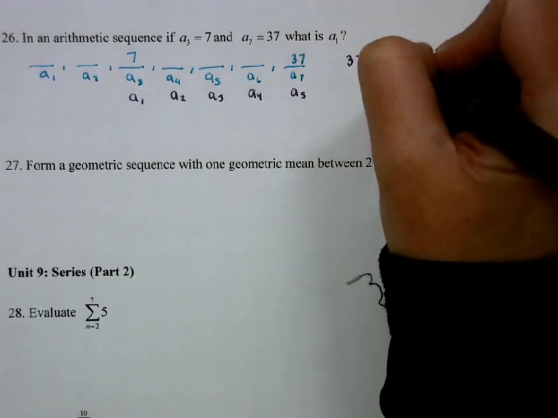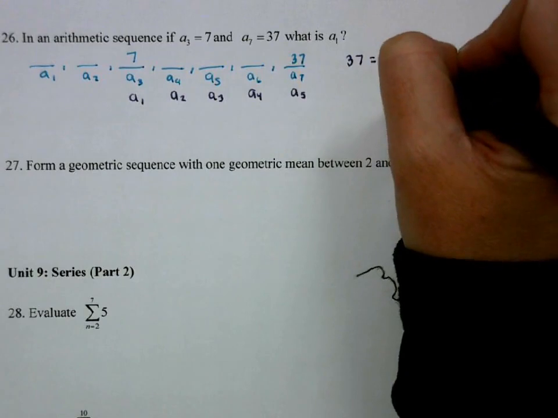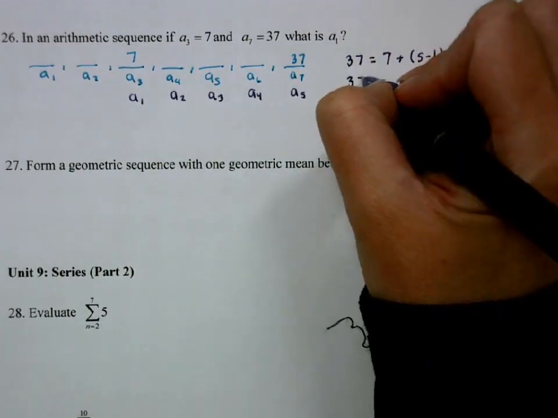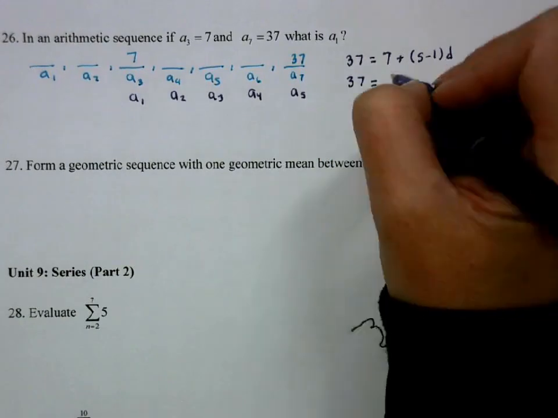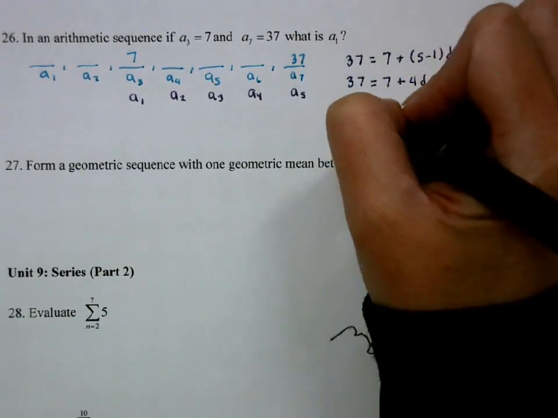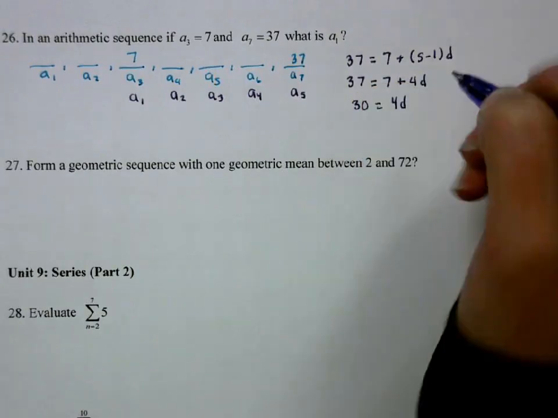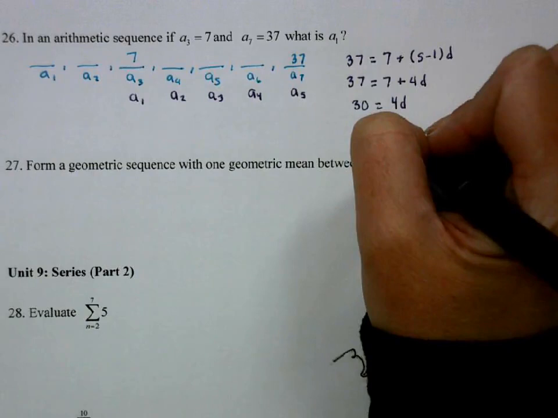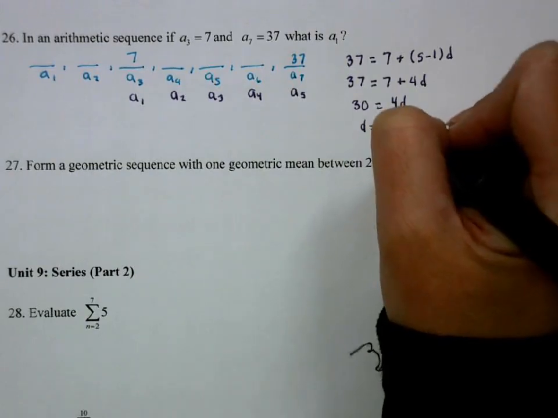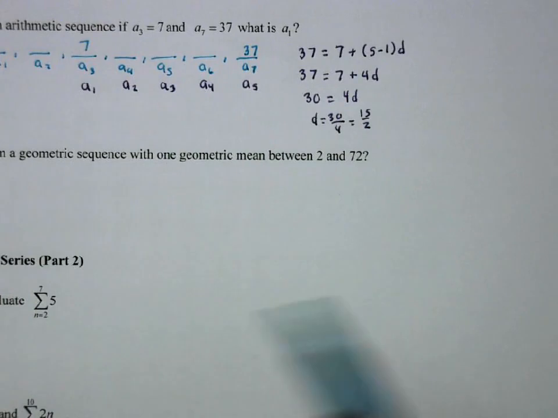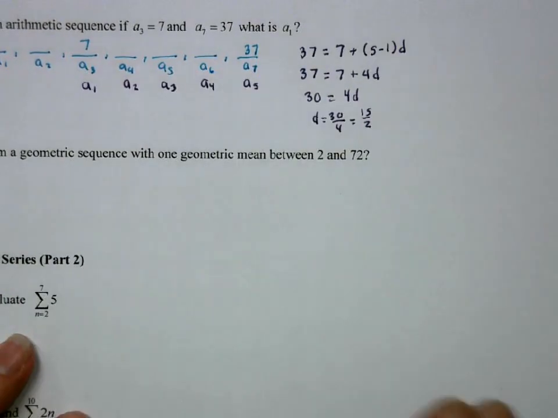So I can subtract 30 equals 4D. So my common difference is 30 fourths, or 15 halves. Okay, then I'm going to go back to my original numbering structure and either plug in this one or this one, it doesn't matter. So if I say 7 equals A1 plus, if I'm plugging in 7, that means that's the third term, so n is 3.